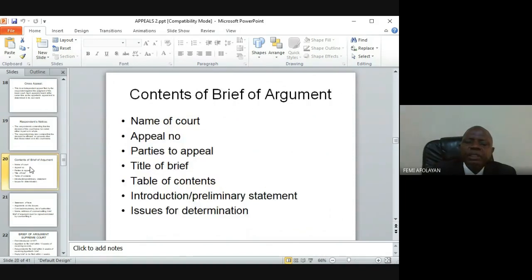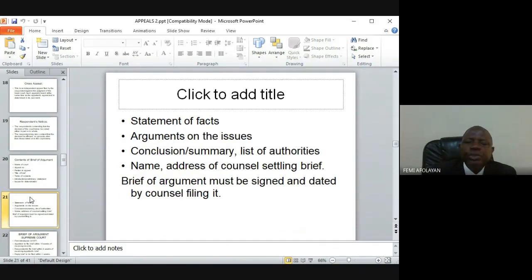Contents of brief of argument. The brief of argument must contain the following: the name of the court where the appeal is to be heard, the appeal number, the names of the parties to the appeal, the title of the brief, whether it is appellant's brief, respondent's brief, or reply brief, table of contents, introduction or preliminary statement, issues for determination, statement of facts, arguments on the issues, conclusion or summary, and the list of authorities.